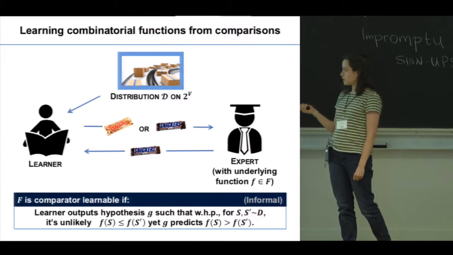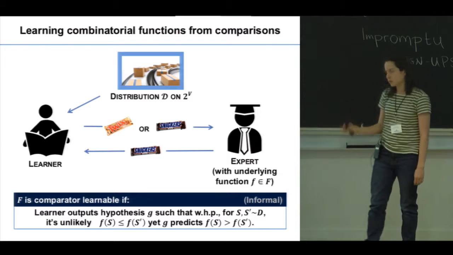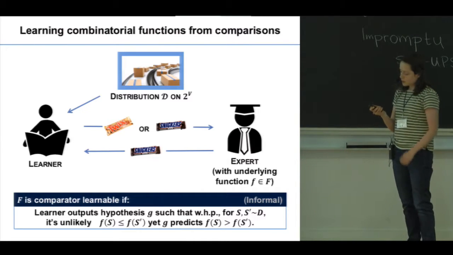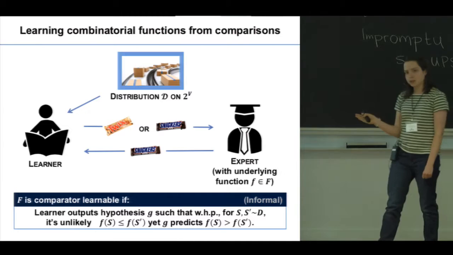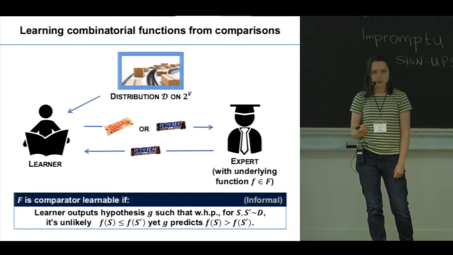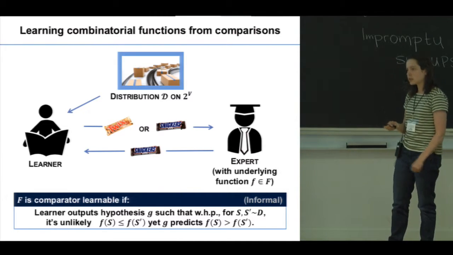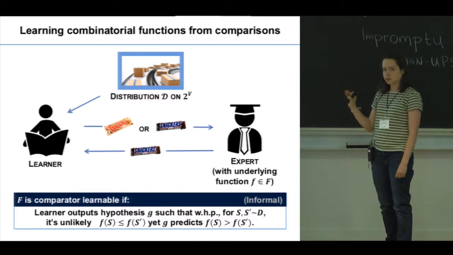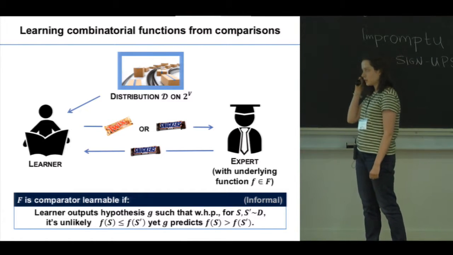The formal definition is a mouthful, so you can find it in the paper. And we show that for many of the subclasses we care about, such as submodular functions, it's NP hard to learn to this level of precision.